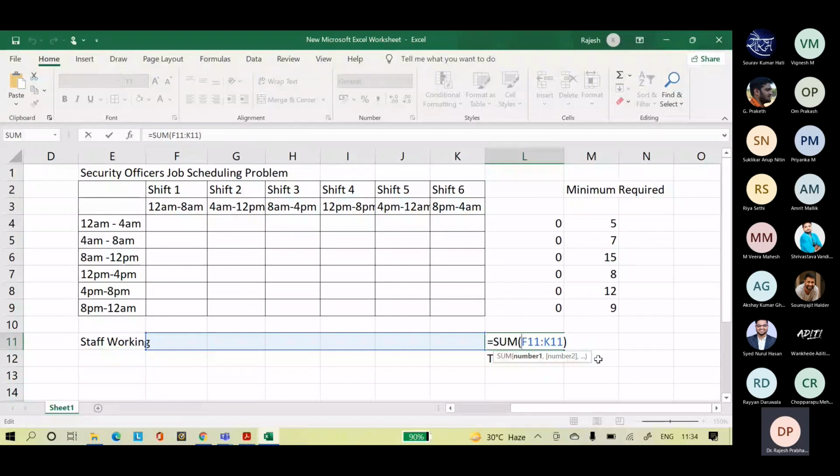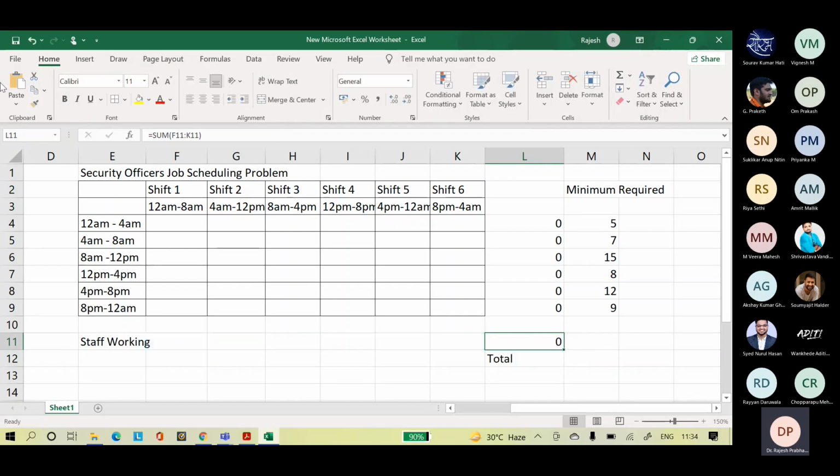See, it is 8-hour shifts. The company shift starts at 12 o'clock. 8 hours from 12 o'clock, multiple shifts are there, 6 shifts are there. And already we have the minimum requirement for each time period. This is the time period, given in the problem only. For 12 you need 5 people, 4 to 8 you need 7, 8 to 11 you need 15.